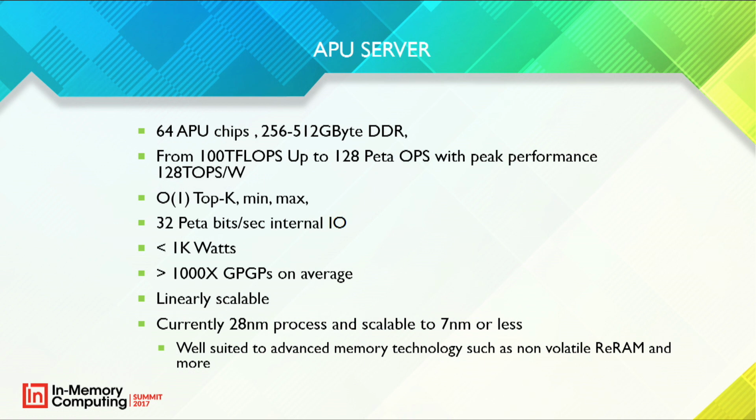It has to read data from DRAM, but when the data is brought inside, everything can be done in compute. Of course, the performance is 32 petabit per second I/O, and up to 128 tera operations per second.